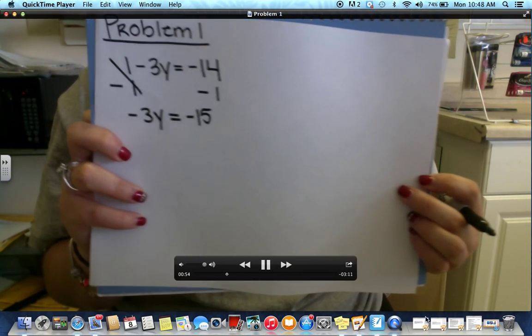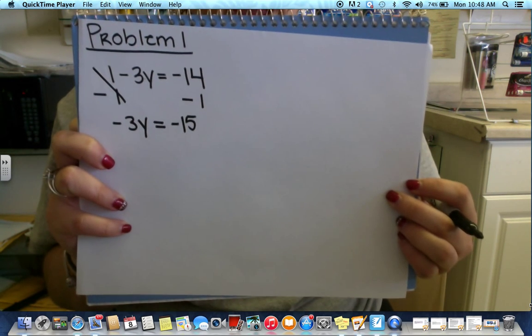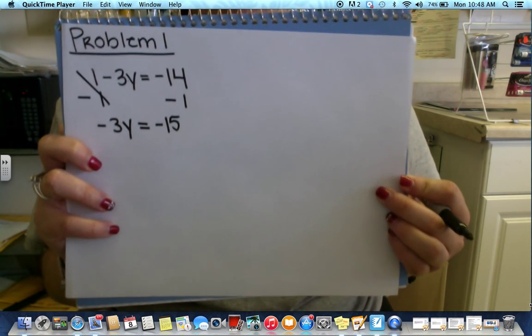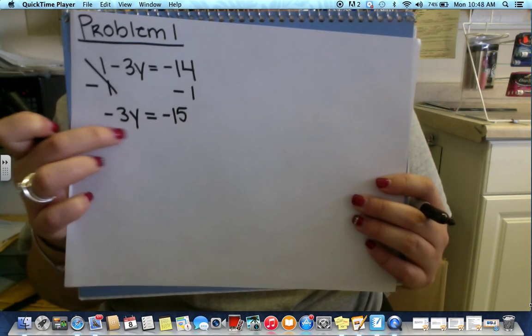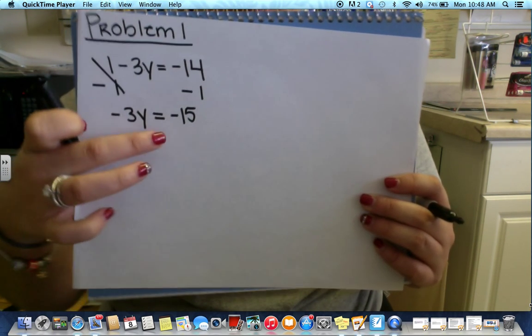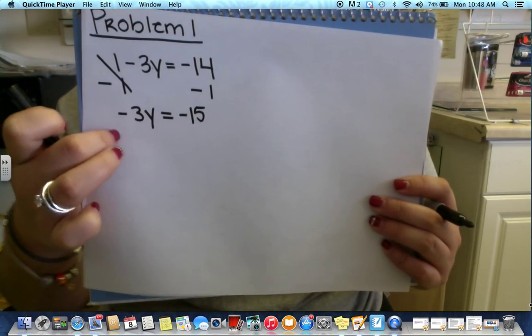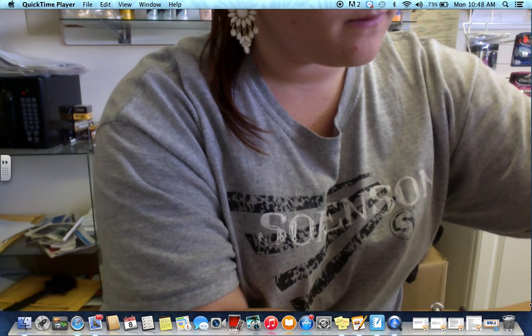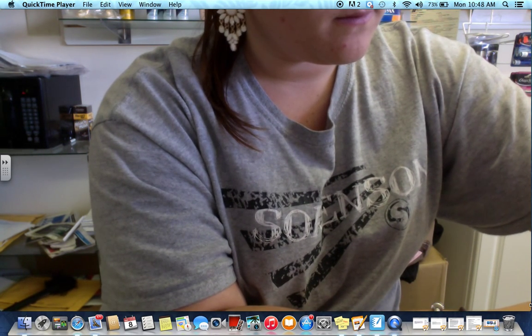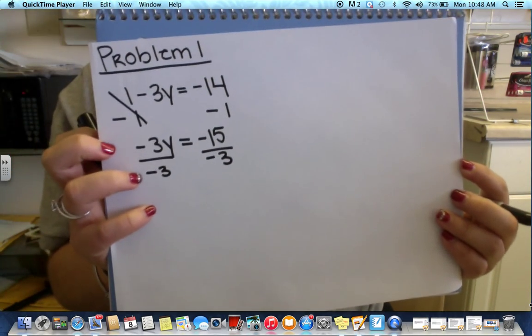Now, in order to find the y, you have to divide by the negative 3. So you put the division underneath, and then you carry the -3 over to the -15. So that's what it looks like now.